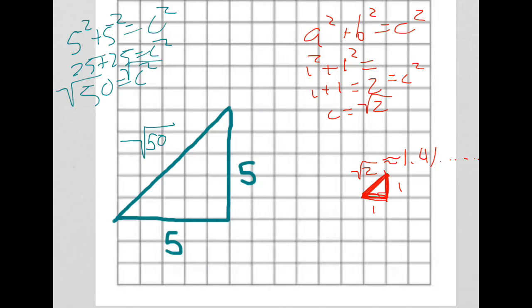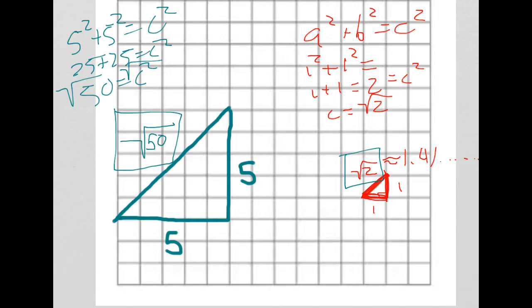Now I want you to simplify this number that we just found, the square root of 50, by a factor of the number that we found earlier, the square root of 2.